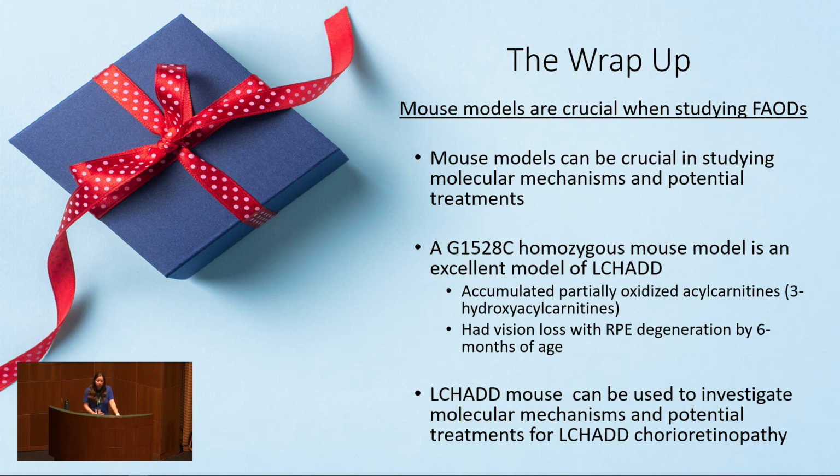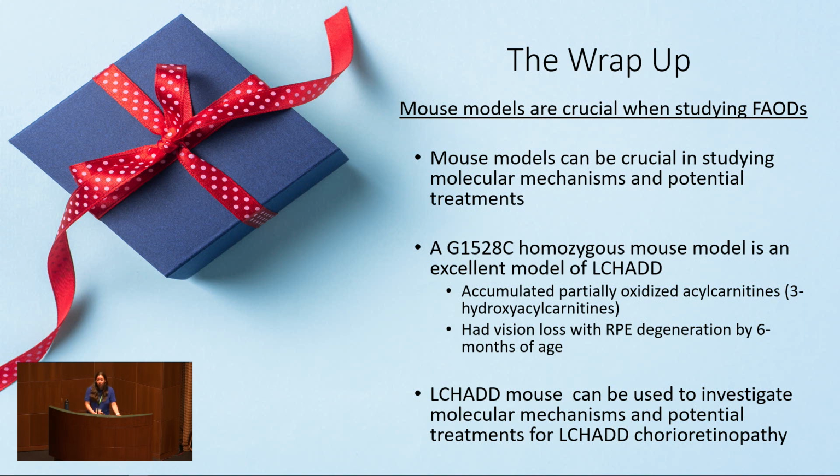I talked a lot about my PhD work here, where I used a novel LCHADD mouse model to study LCHADD chorioretinopathy. This mouse is a great model. It was genetically and biochemically similar to patients and developed a similar chorioretinopathy. Because it's an appropriate model to study LCHADD chorioretinopathy, we were able to investigate specific molecular mechanisms that could be involved in the RPE death that we were seeing.